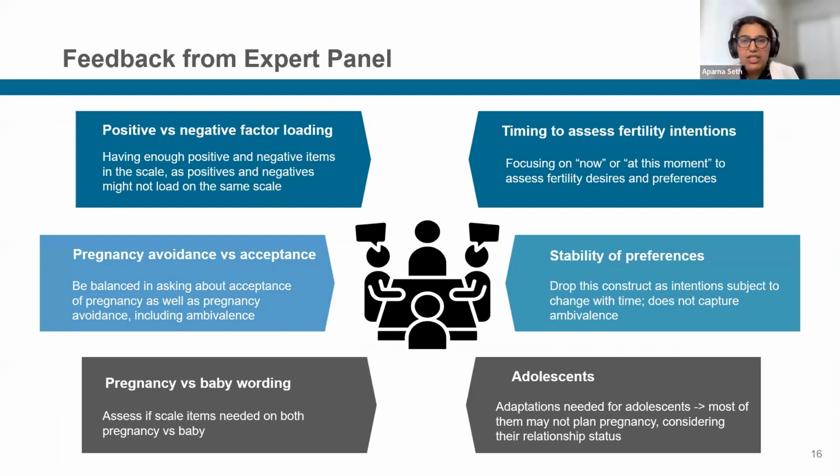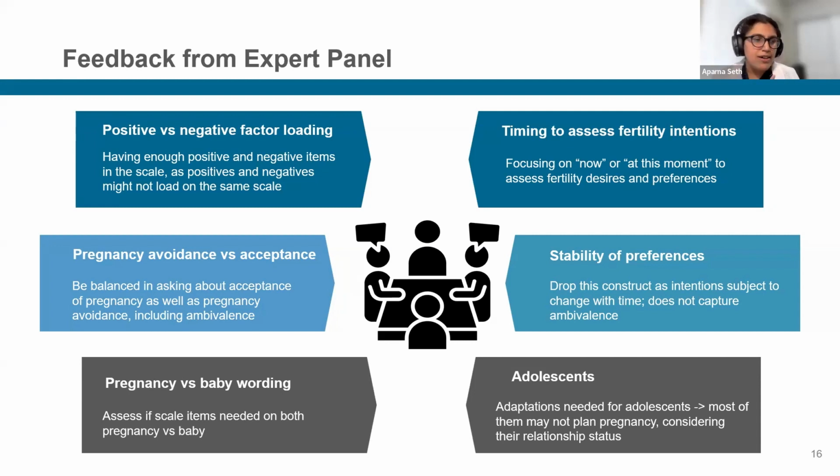Very quickly, I'll mention some of the feedback that we got from our expert panel consultations, starting with the one on the left. One thing that our panelists advised was to have enough scale items that are worded positively or negatively.